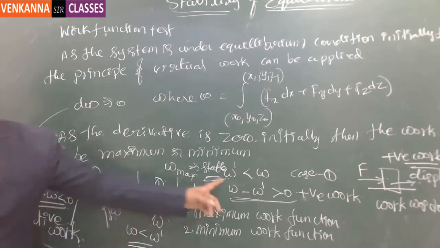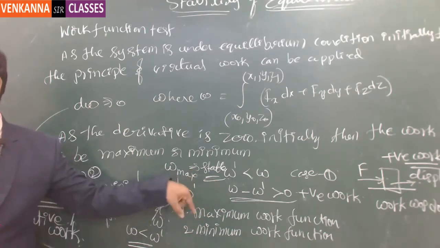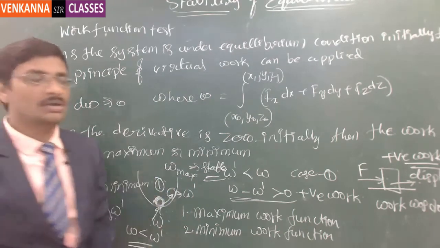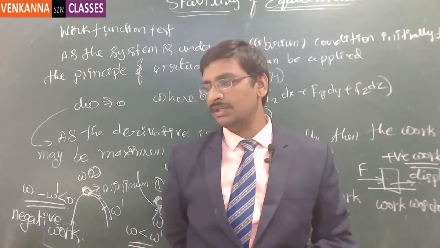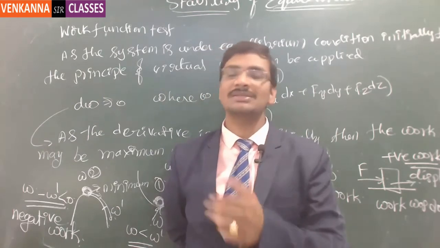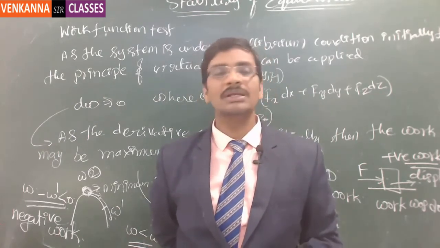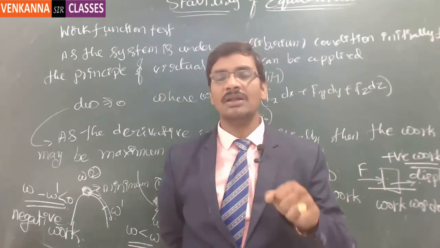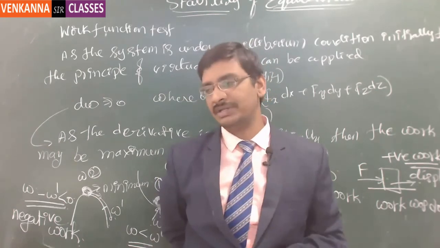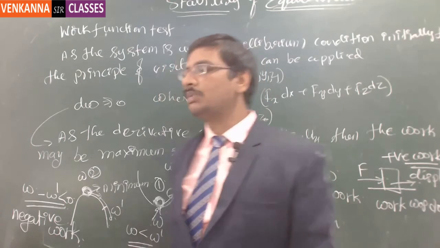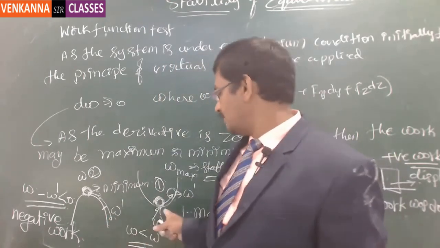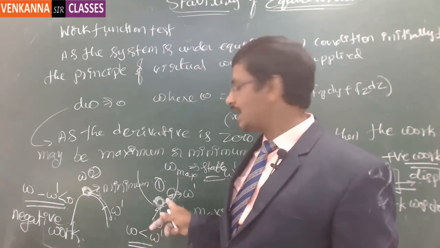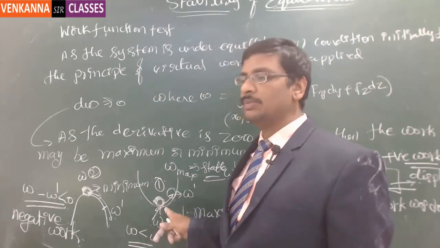So when the work function is maximum, the potential energy is minimum. As I said, the work energy theorem says that whatever work you do will be stored in the form of energy. That means if you do more work, more energy is getting stored. But the stability will come only under the least potential energy case. That means work and potential energy are opposite to each other, right? So here, if it is having maximum work function, then it is under the least potential energy.